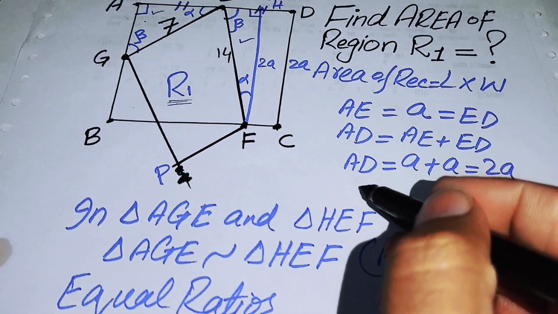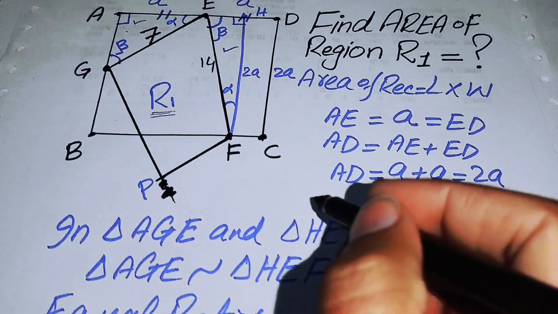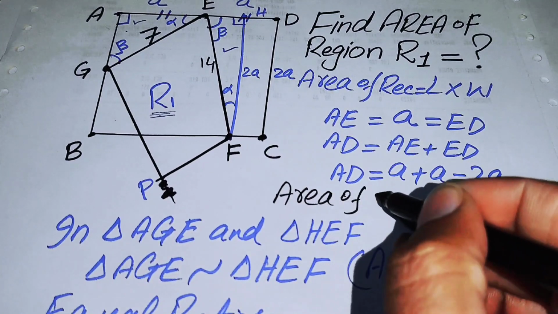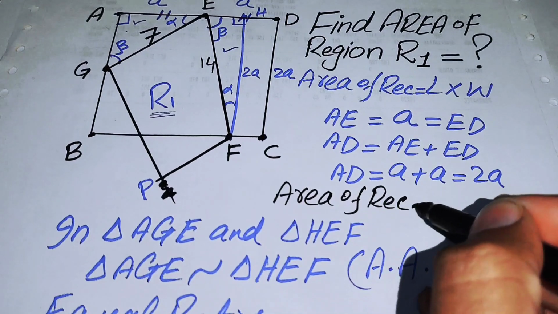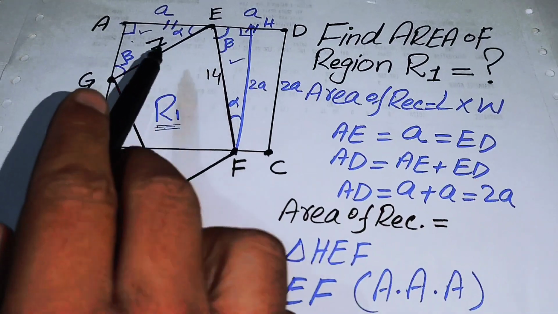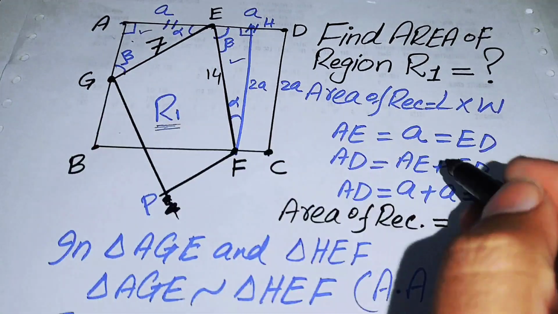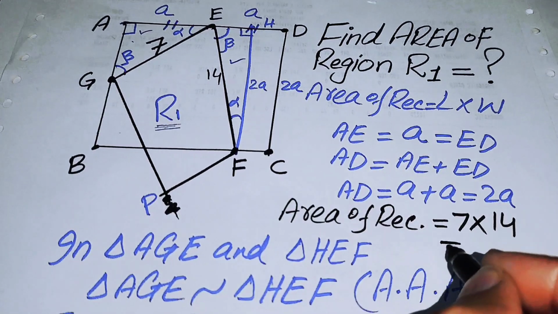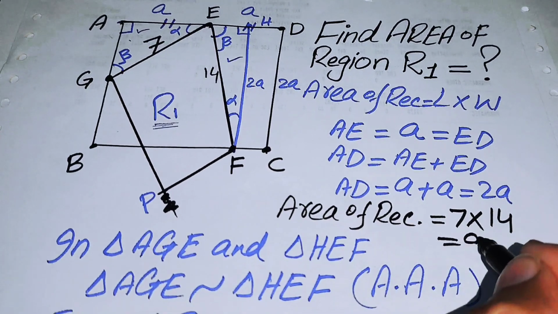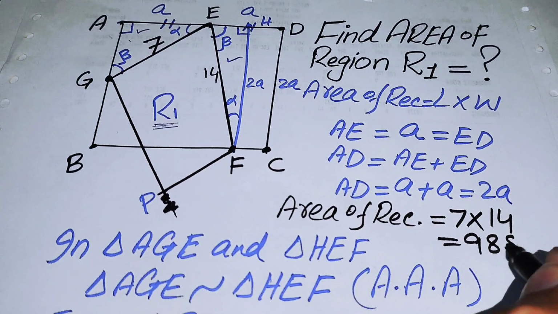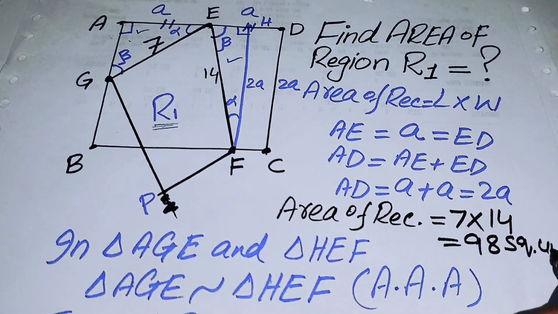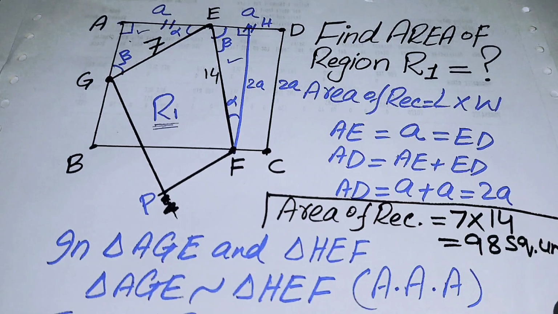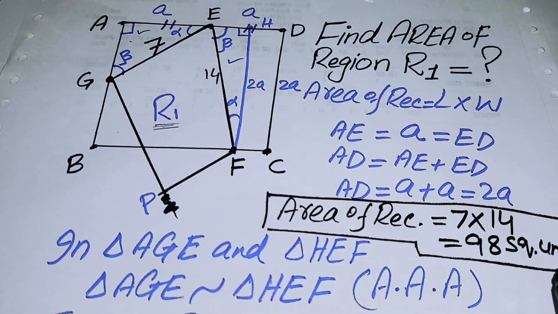Now we find the area of the rectangle: area equals length times width. Here our length is 7 times the width 14, so 7 times 14 equals 98 square units. This is our final answer to this question.